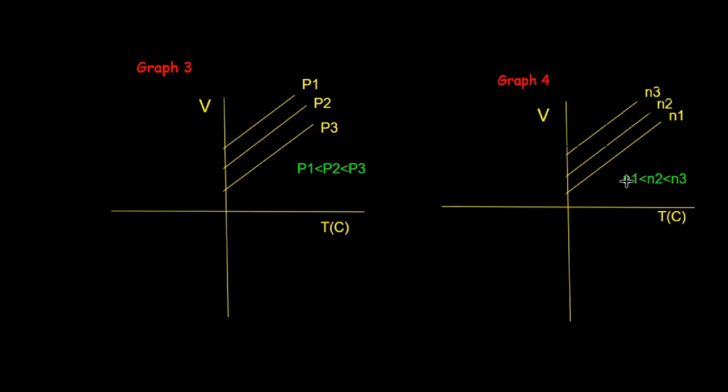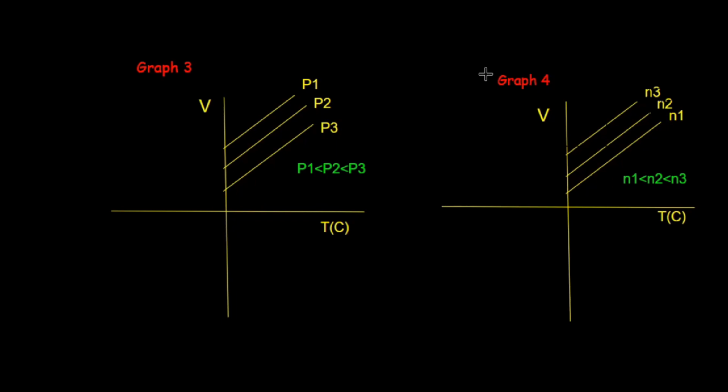But volume and number of moles have a direct relation. So when you increase the number of moles within the system, the isobar moves away from the temperature axis and is elevated. If we change the number of moles to N2, then the isobar moves away from the temperature axis, and when we further increase the number of moles to N3, the isobar is even farther away from the temperature axis.